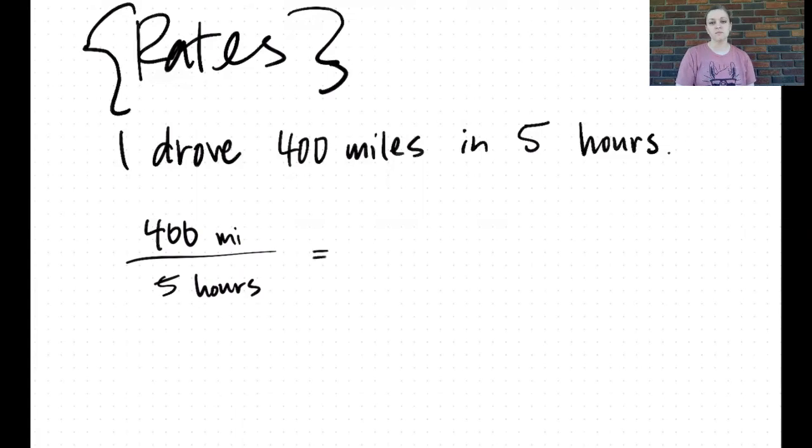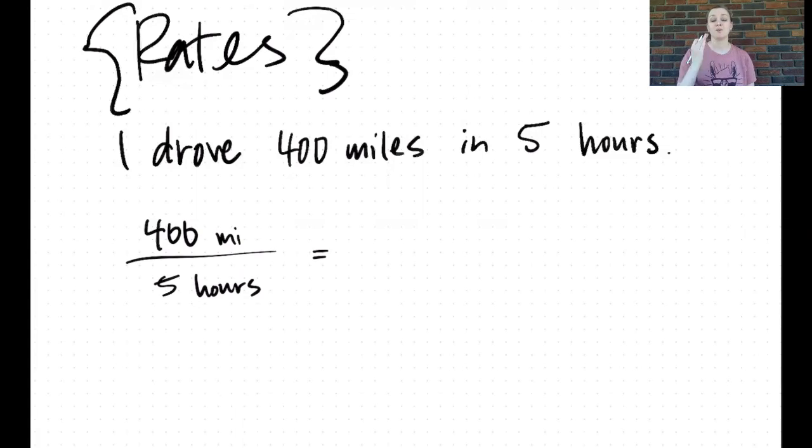Well, if I want my rate, this is what makes them the easiest ever. I just have to divide, right? 400 divided by 5, when I divide, that's going to tell me how much per just one. You can do long division, you can use a calculator, I don't really care.